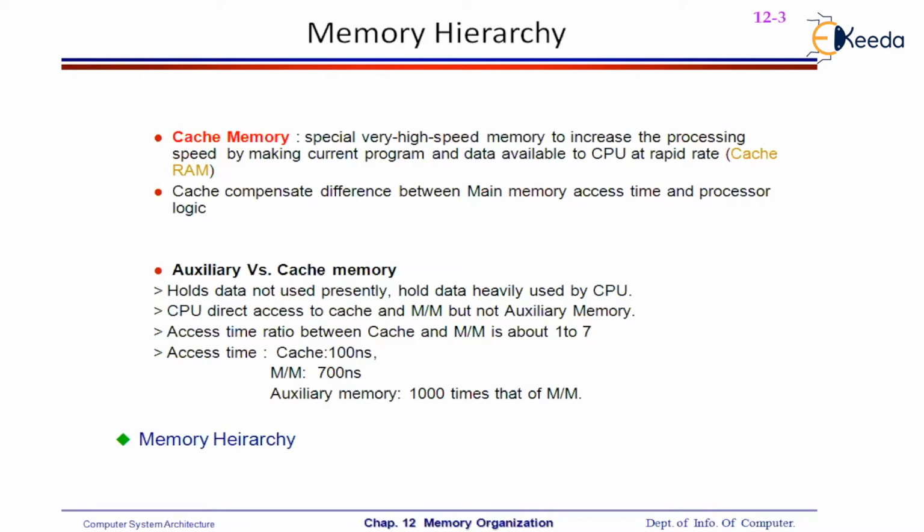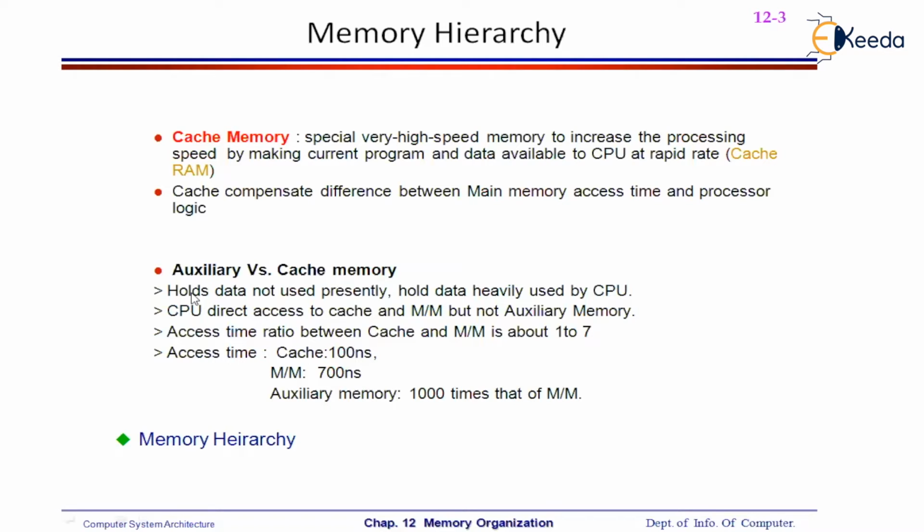But the cache memory is going to compensate the differences between the main memory and the CPU, and it holds the data items that are required by the CPU currently. So the cache memory holds the data element used currently.